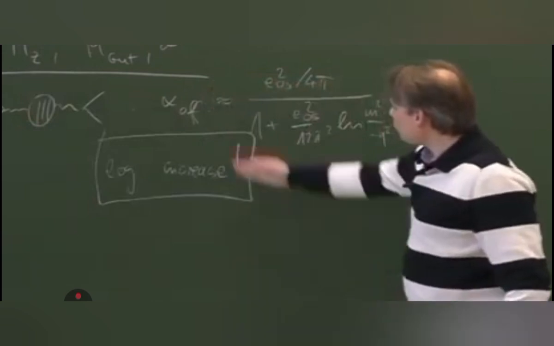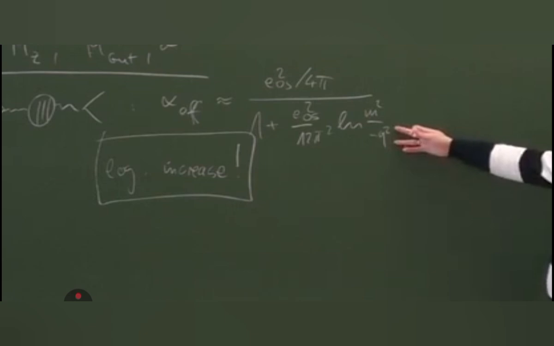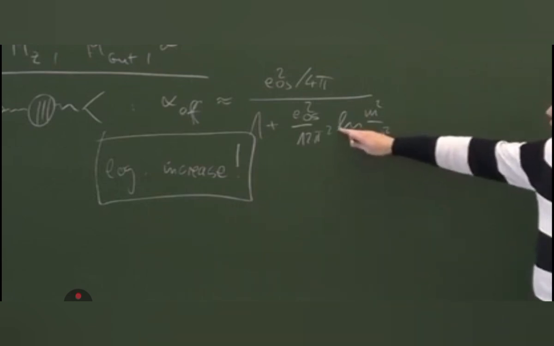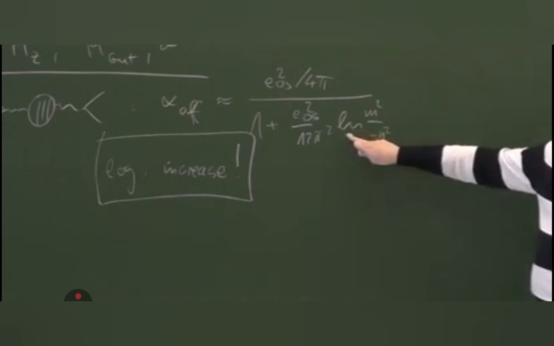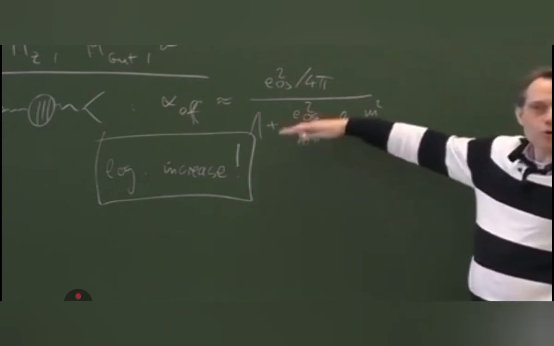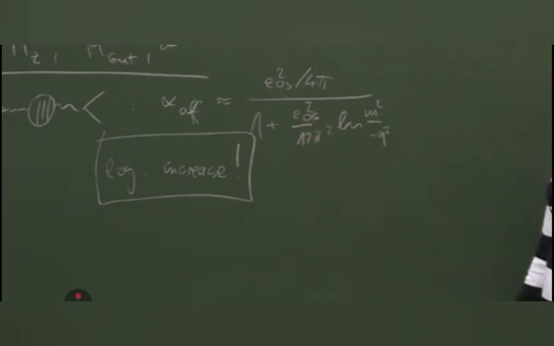The higher that value is, the higher the effective interaction strength is. So when q square increases, we get here a negative logarithmic term. The negative logarithmic term appears in the denominator, therefore overall the whole thing increases if the energy q square increases. So the effective interaction strength becomes stronger and stronger.